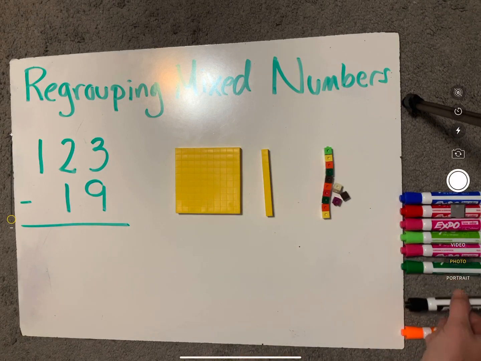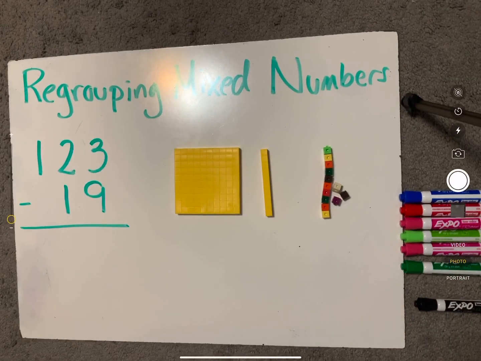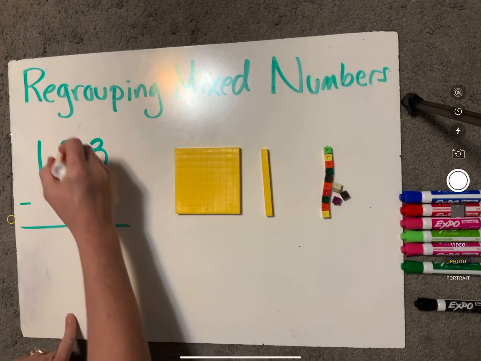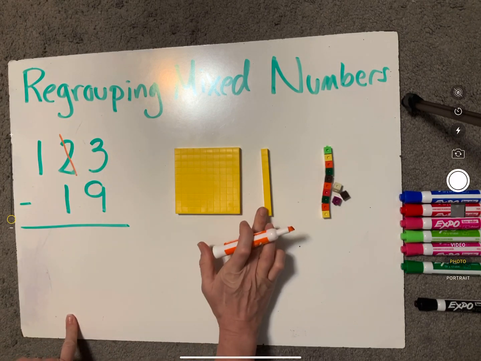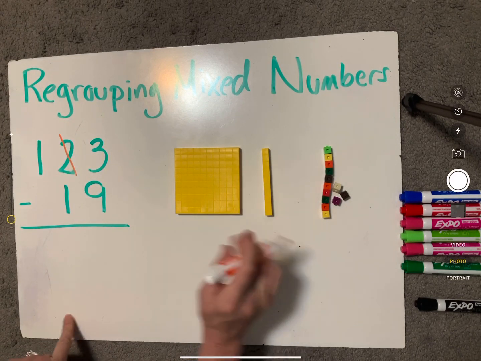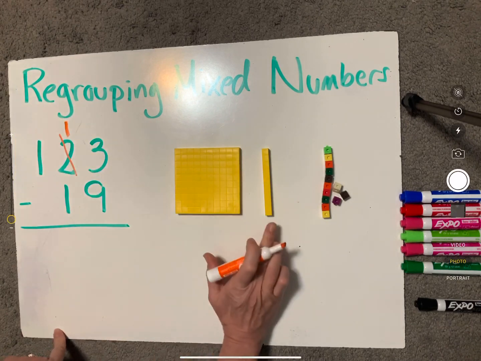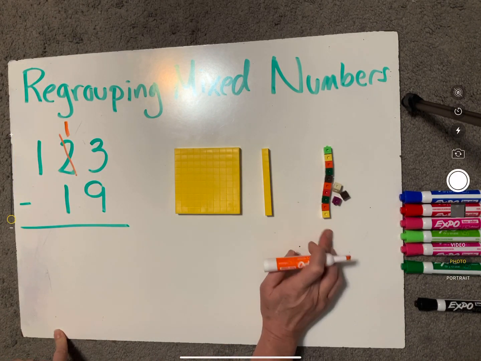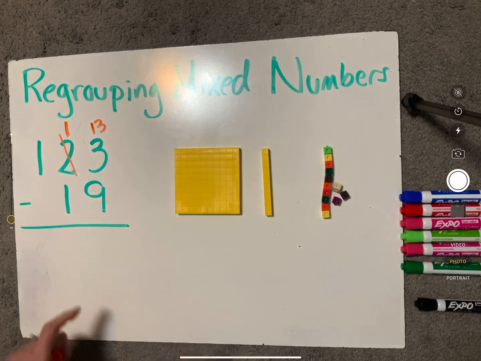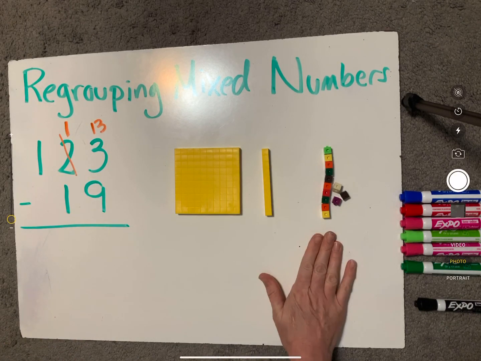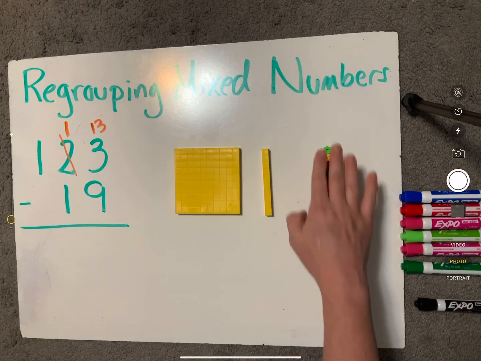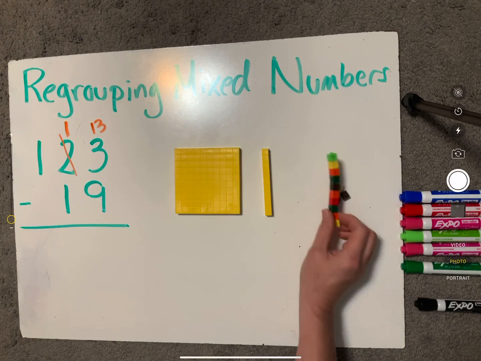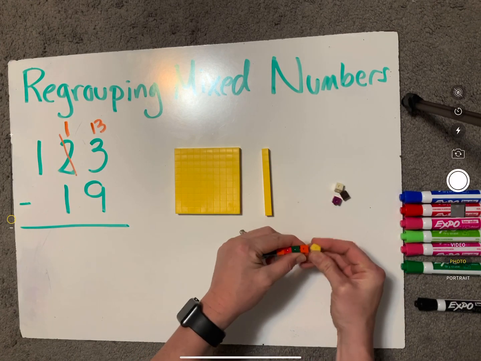So that's what we do when we are actually regrouping, right? So we would take the 2 and we're regrouping one of them and putting it over into the ones place. So this becomes a 1 because we only have 1 left in our tens place now. And in our ones place, we have 13 of them left. So now because we're able to take 9 from here, I can easily take these and break them apart.